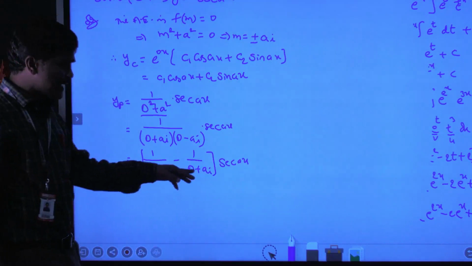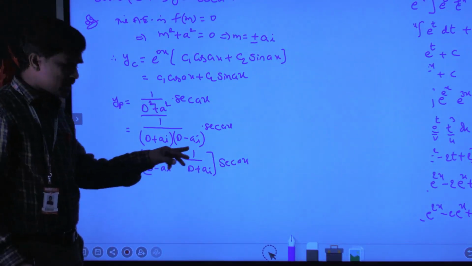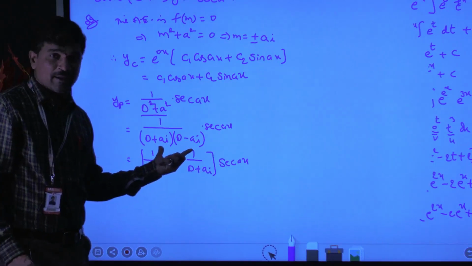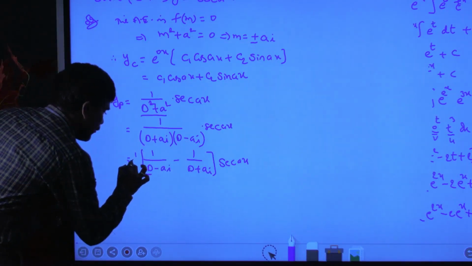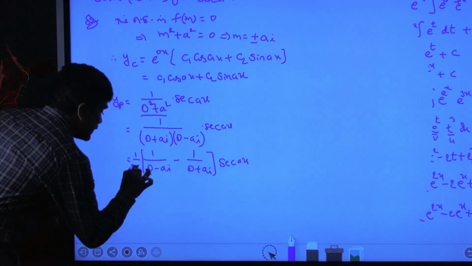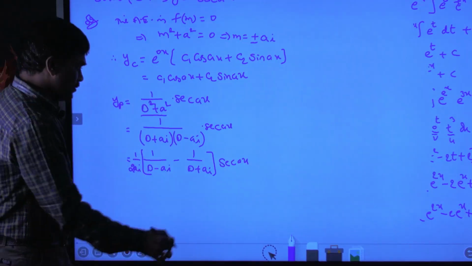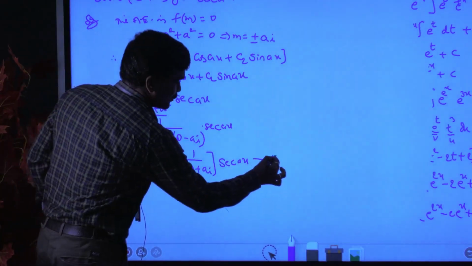Simplifying, (D plus ai) minus (D minus ai) gives in the numerator 2ai, so that's why here we write 1 by 2ai. Now this is equal to the above step, so let it be equation 1.